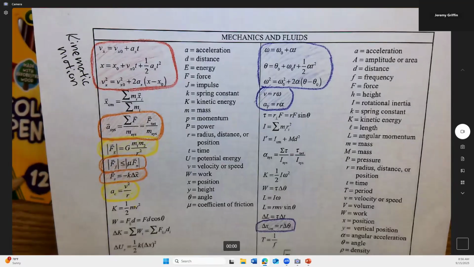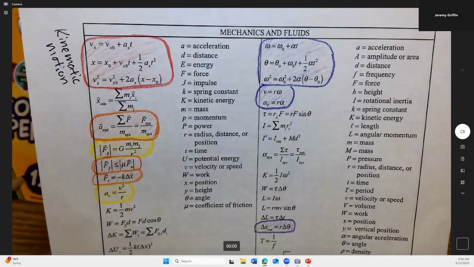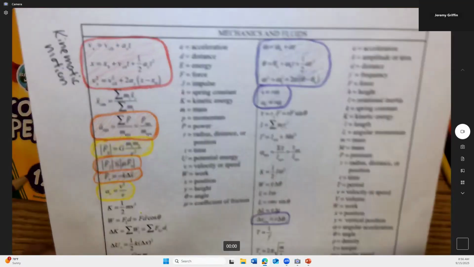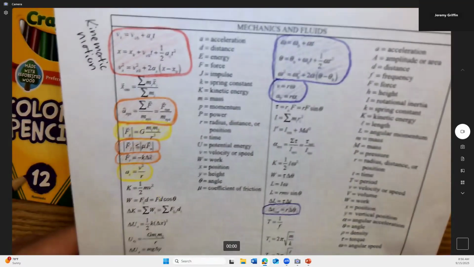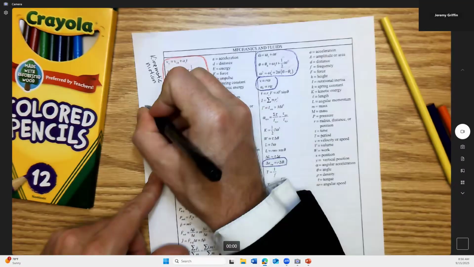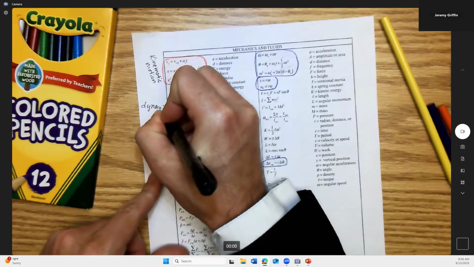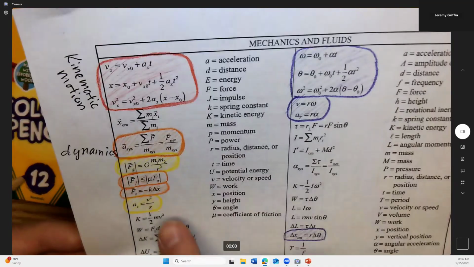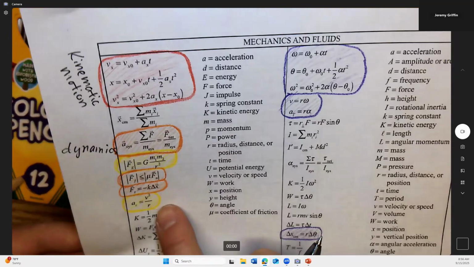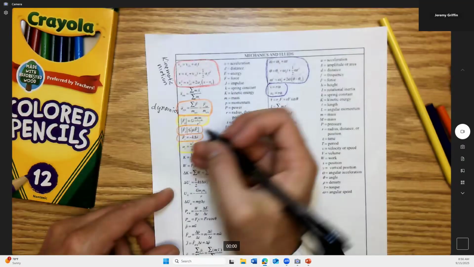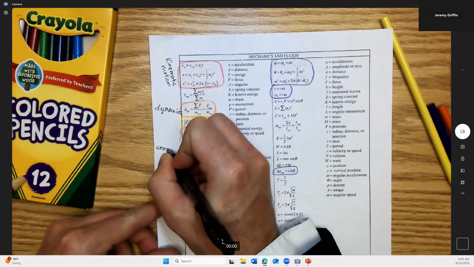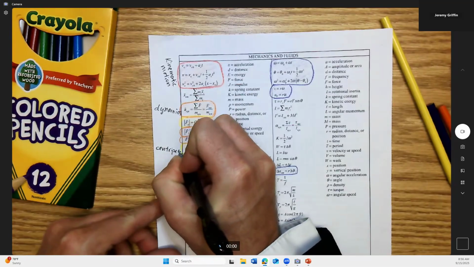While you guys are copying what I have, everything in orange is classic dynamics, just forces. Let's call this dynamics. This yellow one here is centripetal acceleration, so sometimes I call it circular motion, centripetal or circular.